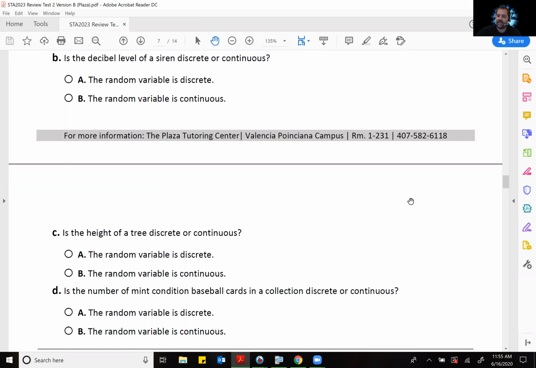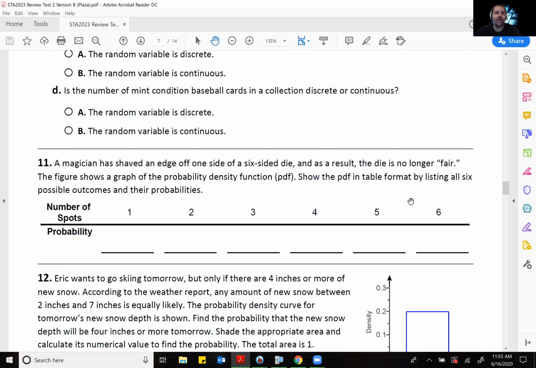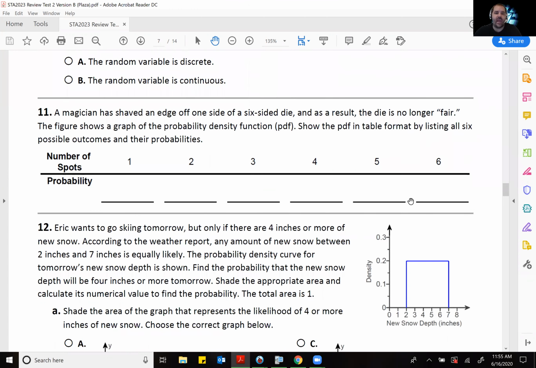So number 11, moving on. A magician shaved an edge off one side of a six-sided die. As a result, the die is no longer fair. The figure shows a graph of the probability density. So we're missing that figure.